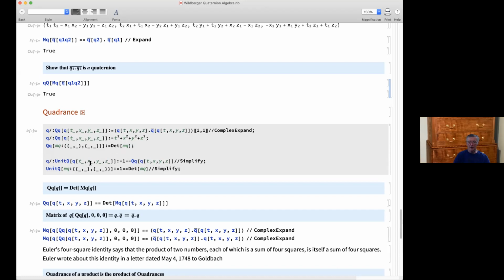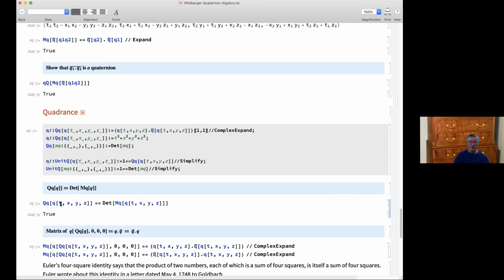Or a unit quaternion is a quaternion whose quadrants is 1. A unit quaternion as a matrix then means that the determinant of the matrix is 1 when the matrix represents a quaternion.